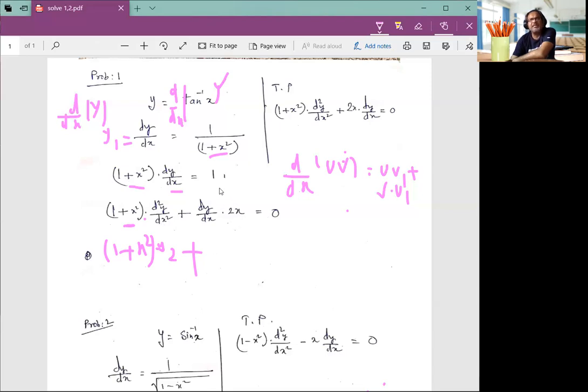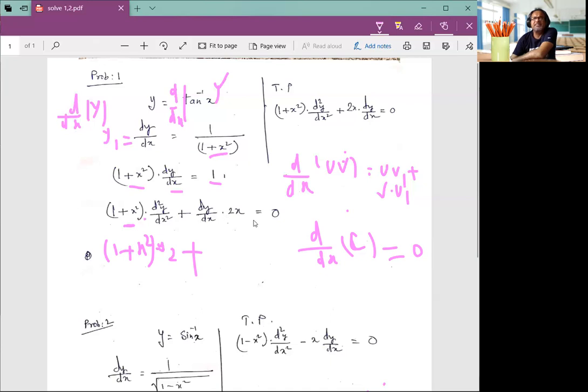That is equal to d/dx on 1. Now you are differentiating both sides, so you should differentiate 1 also. Now what is the derivative of 1? 0. Because the derivative of any constant c is 0. And therefore this part is 0.